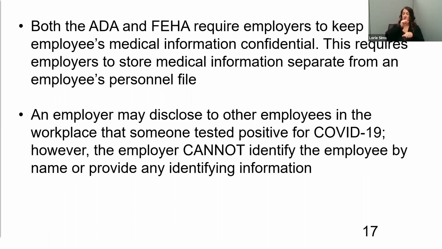In this situation, an employer may disclose to other employees in the workplace that someone tested positive for COVID-19, but Ed cannot identify Zara by name, and he cannot give any identifying information that Zara's colleagues would know it was her that tested positive. He has to keep that information confidential, but he can let the employees know so that they are aware they have been exposed to COVID-19. Next slide, please.